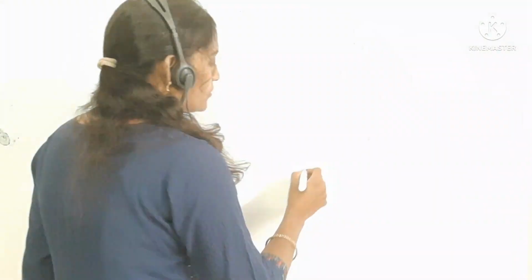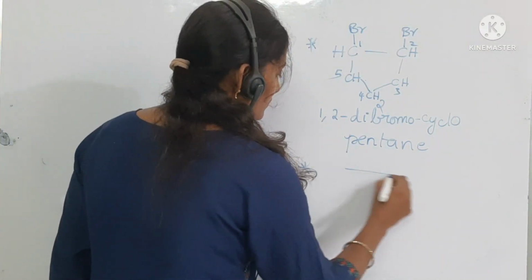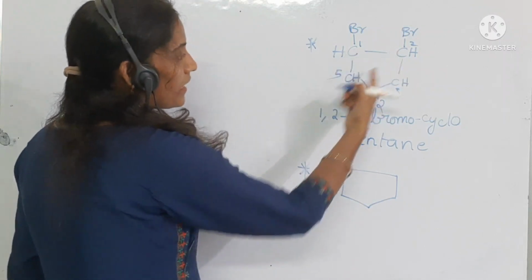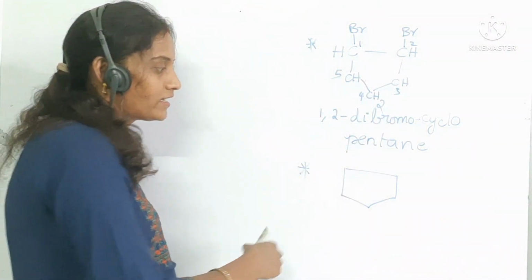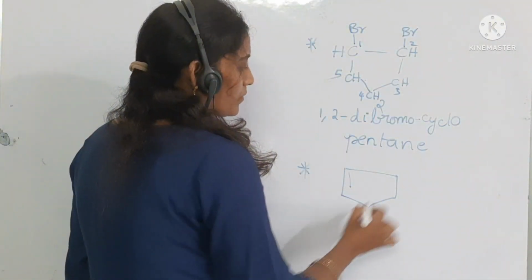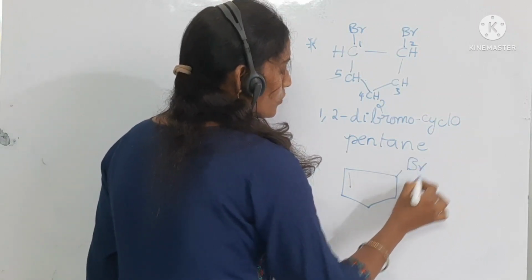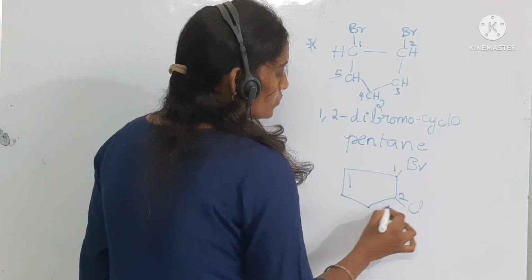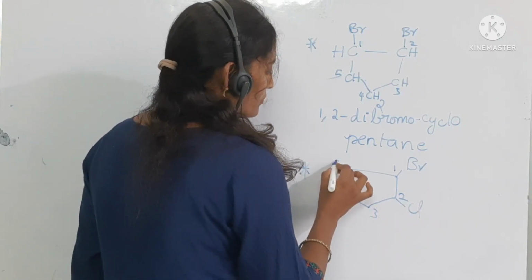If any unsaturation is there, take one molecule here. See this ring, I am going to directly write a cyclic compound. Here one double bond, here one bromine, and here one chlorine. So I am giving numbering from bromine: 2, 3, 4, 5, students.